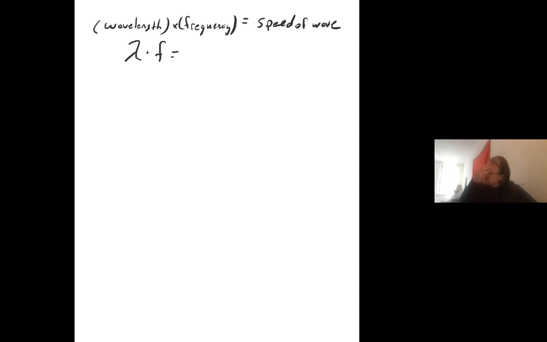Now speed, we've used v for velocity, u for velocity, but when we're talking about waves, we use a very specific symbol, and that's a c. So this is the speed. This is the symbol of speed that we use with waves. Okay. You've seen that symbol in your past.